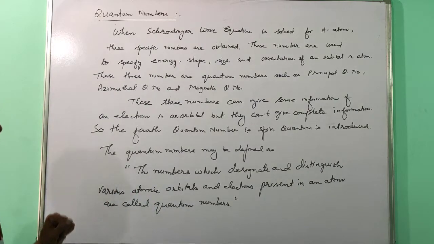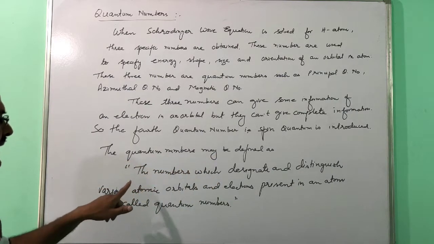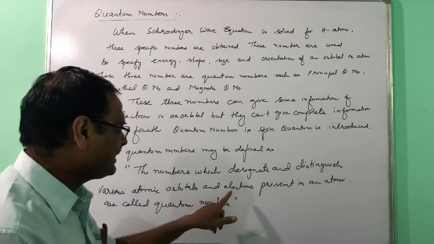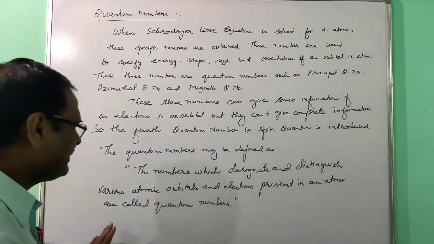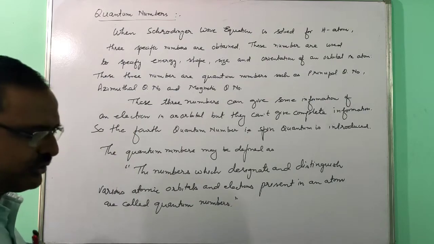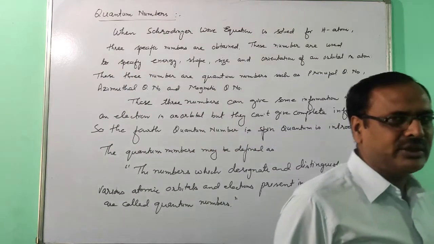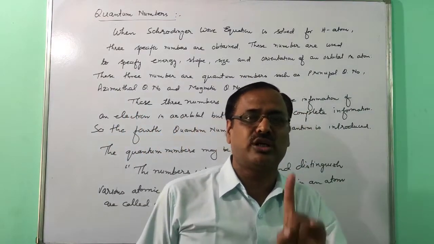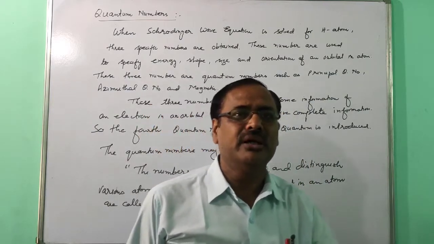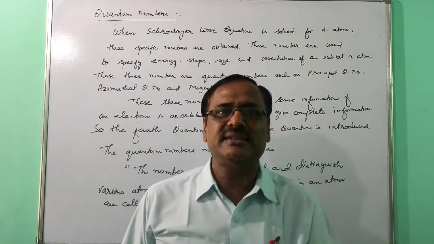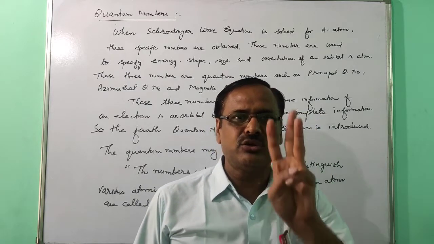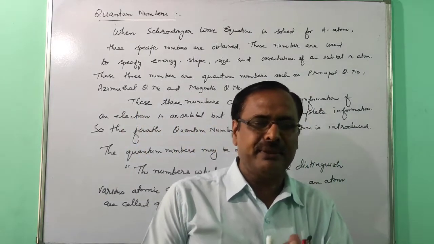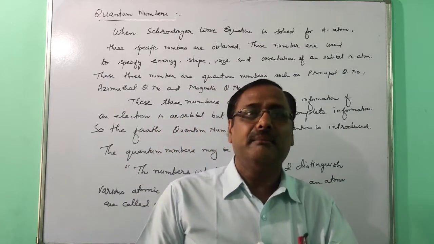So now the definition of the quantum number. The quantum numbers may be defined as the numbers which designate and distinguish various atomic orbitals and electrons present in an atom. For your knowledge, when the Schrodinger wave equation is solved for the hydrogen atom, you are getting only three quantum numbers: the principal quantum number, azimuthal quantum number, and magnetic quantum number.